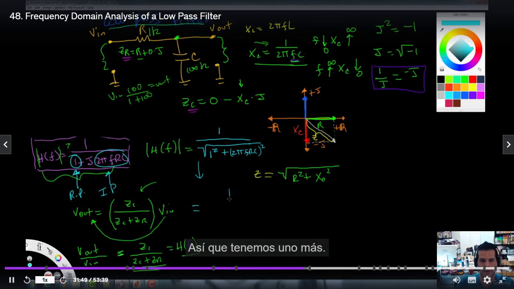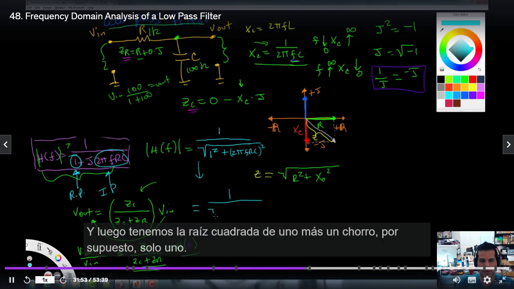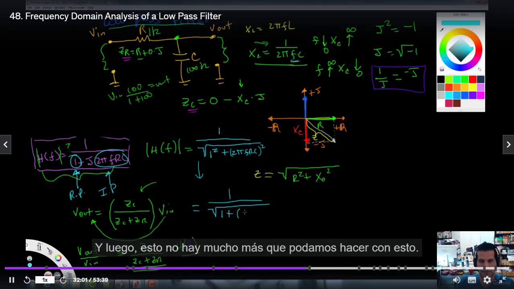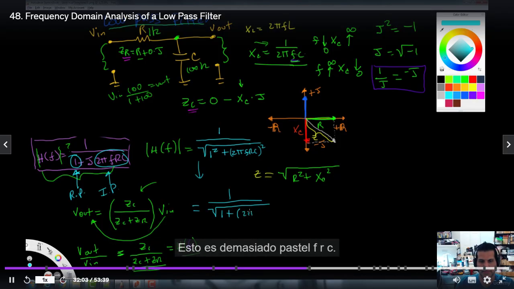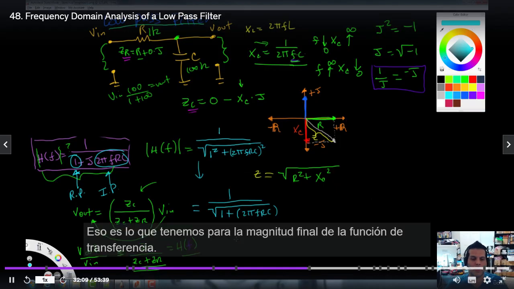We've got 1 over the square root of 1 plus 1 squared, which is just 1, and then 2 pi f R C, squared. That is what we have for the final magnitude of the transfer function.